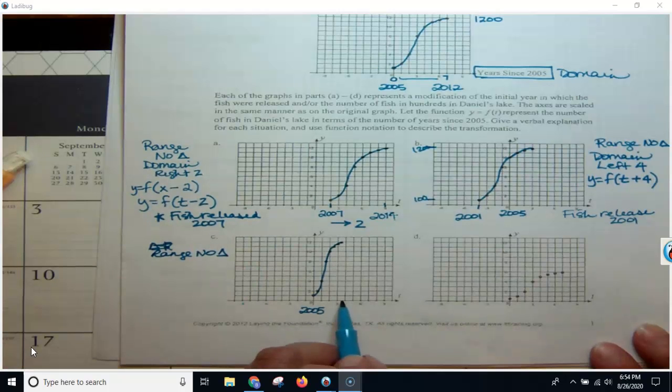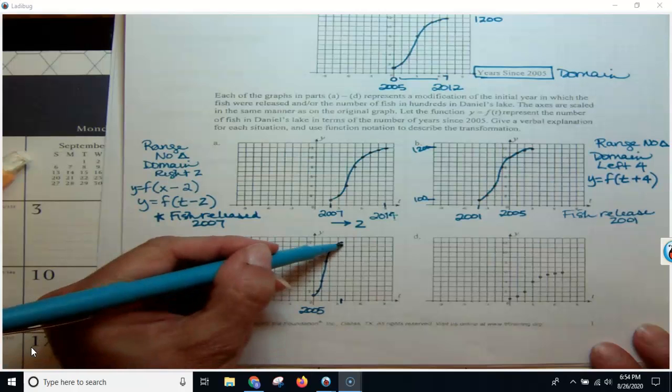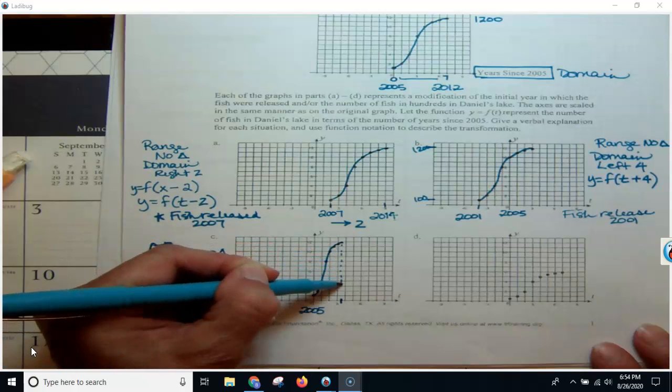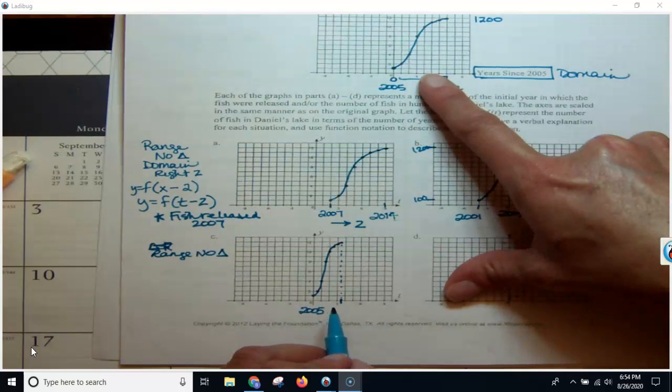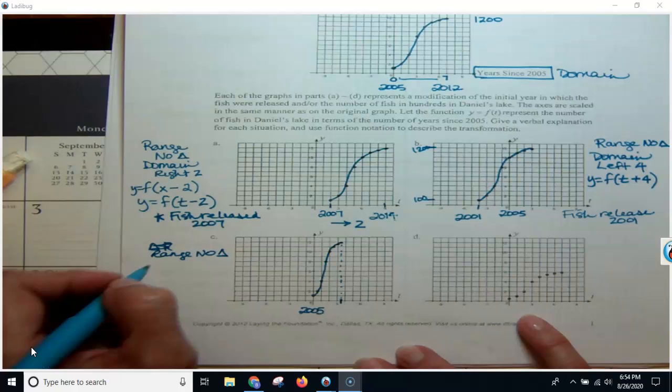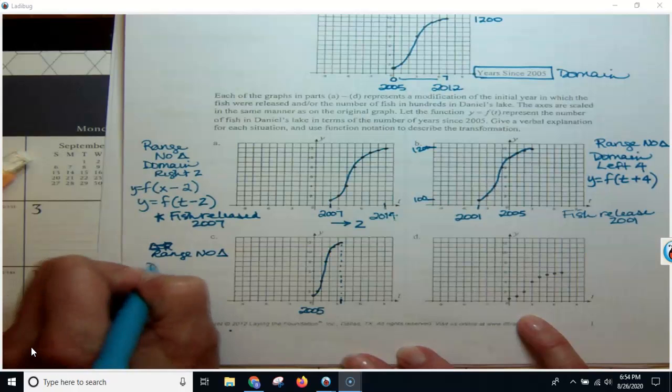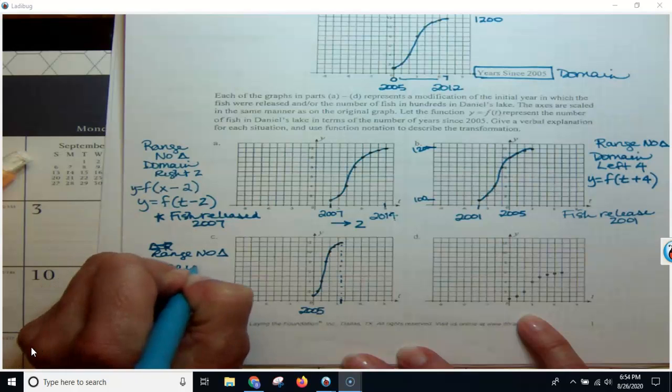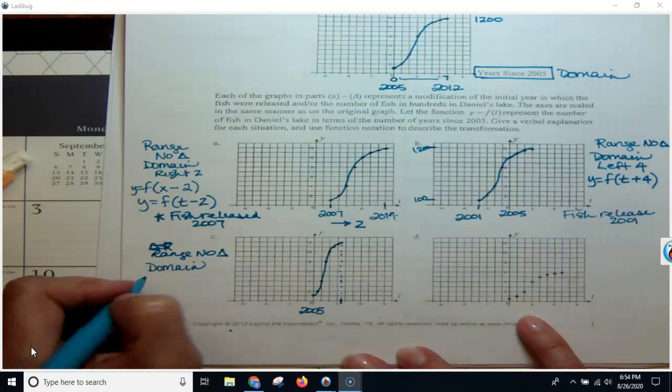But the domain has gotten smaller. If I kind of just notice, that goes from 0 to about 3.5. Well, you notice that our first domain was 7. This has been cut in half. So we know that the x values, the domain, was cut in half.